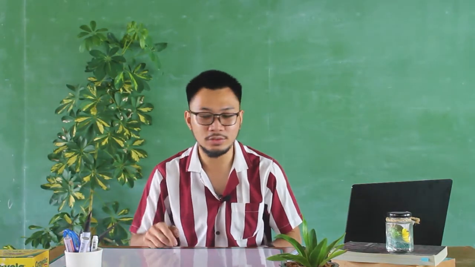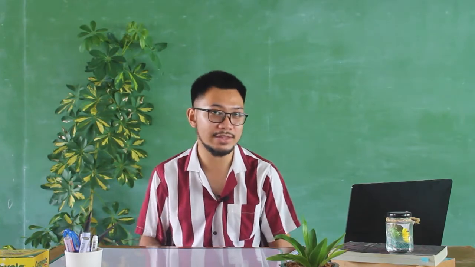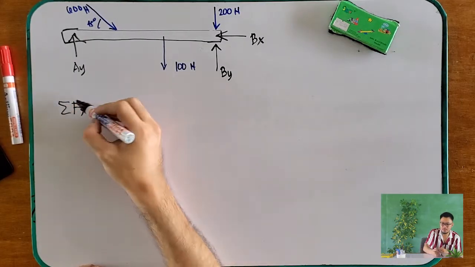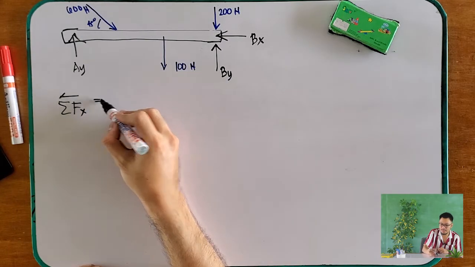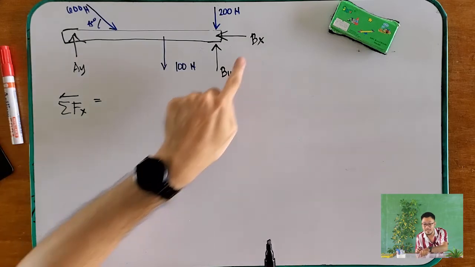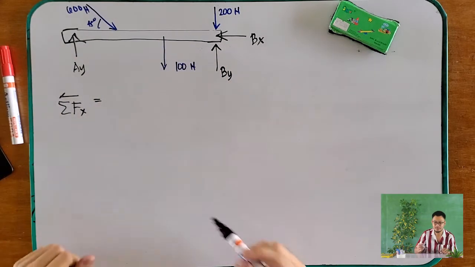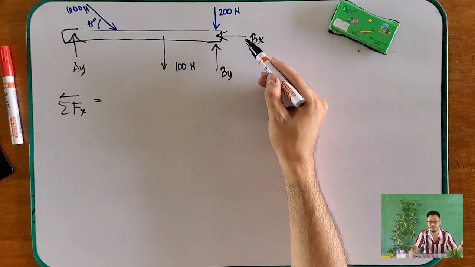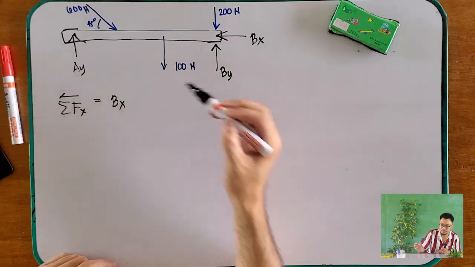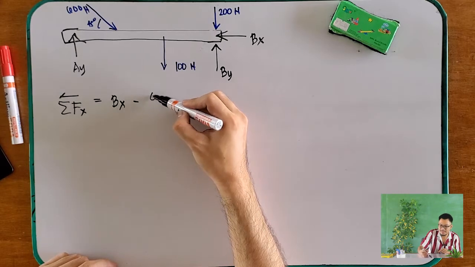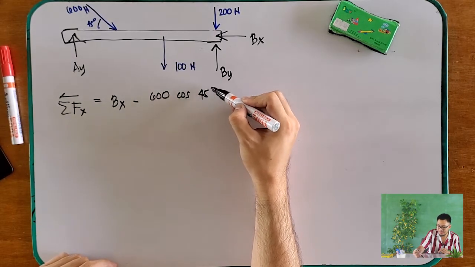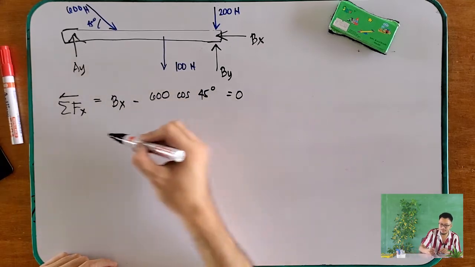Okay, but we will first solve for B_X. Summation of forces along the X going there is equal to... again, I assumed that going to the left is positive because our B_X is going to the left. So B_X minus 600 cosine of 45 degrees equals 0.